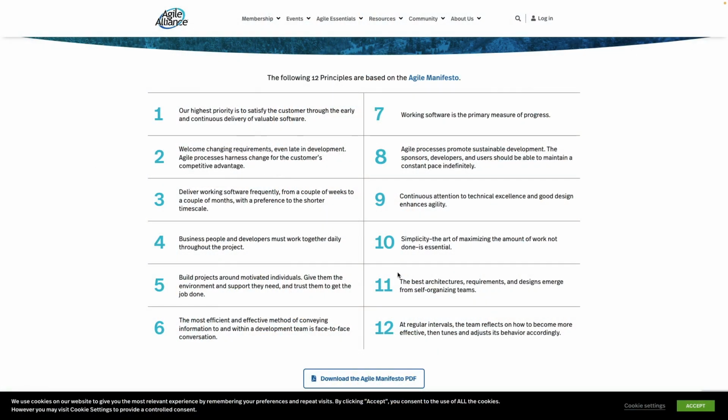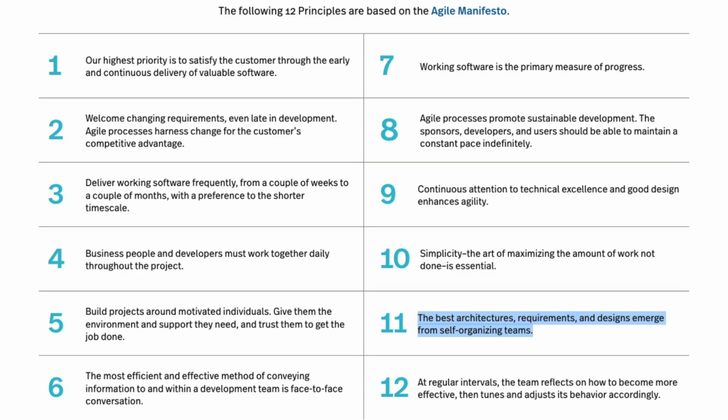Now, if you have a look at the Agile principles, number 11 is that the best architectures, requirements and designs emerge from self-organizing teams. So that's the same with architecture. It should emerge. The thing is, we're working in the complex domain, and so we have this cone of uncertainty, and we don't know exactly what we don't know, basically.